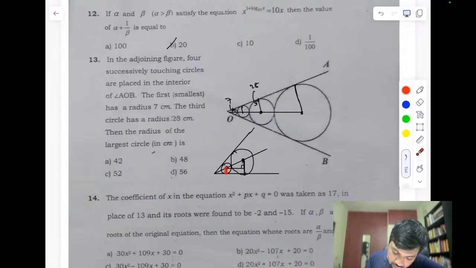If this is R1, this is R2, and the length of the tangent we don't know, this is R1 plus R2. From Pythagoras theorem, this is (R1 plus R2) squared minus (R1 minus R2) squared, which is 4R1R2, so the length is the square root of 4R1R2, which is 2 root R1R2. That much we can tell about the length of this tangent.